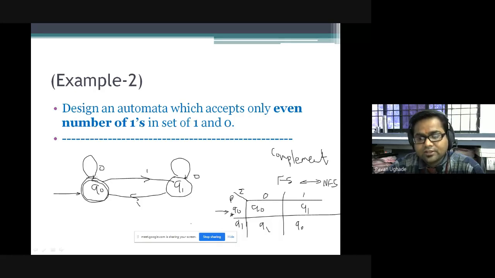To represent a final state we represent it with a star mark. Here q0 is the initial state as well as the final state, so I'm representing both in this way. Okay class, so this is how the transition table is drawn.